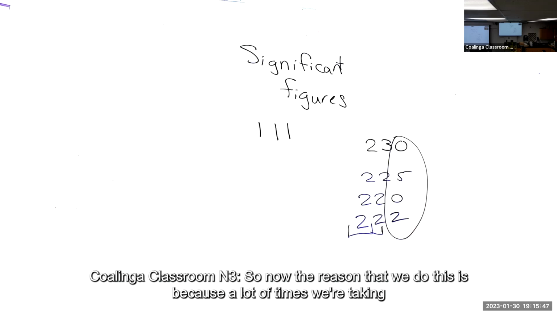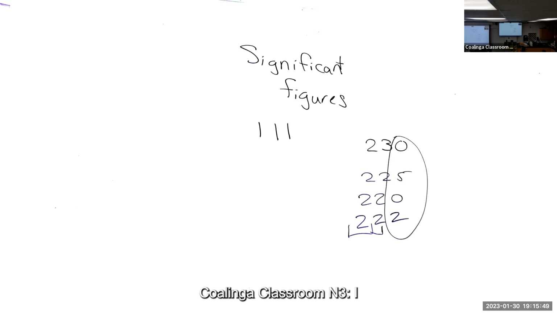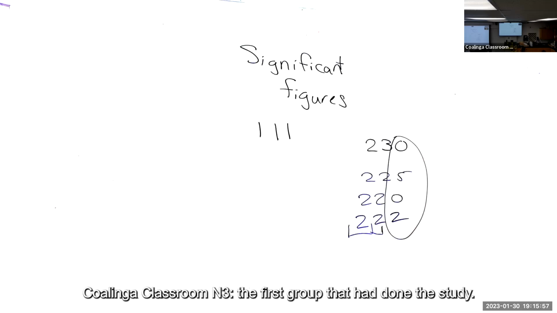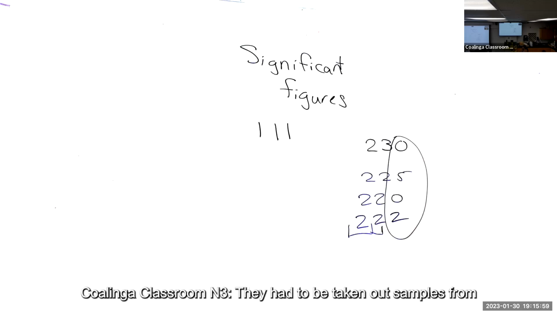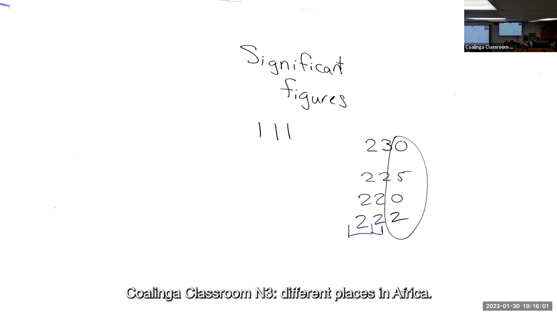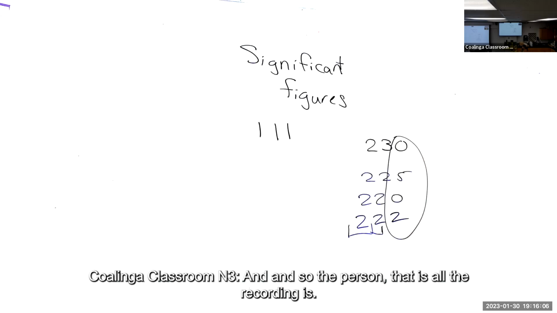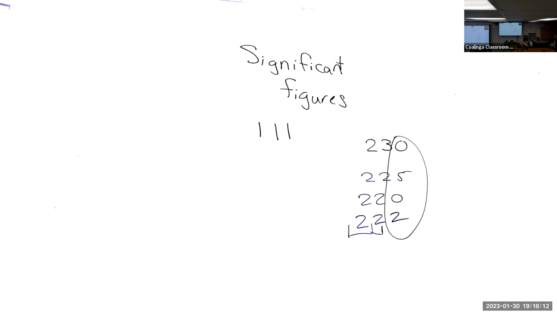cohorts, large pieces of data. Like we had done a study. I was working with HIV drugs. We're looking at drug resistance, and the first group that had done the study had taken samples from different places in Africa and different places in Europe. The person that did all of the recording didn't know how to do significant figures.